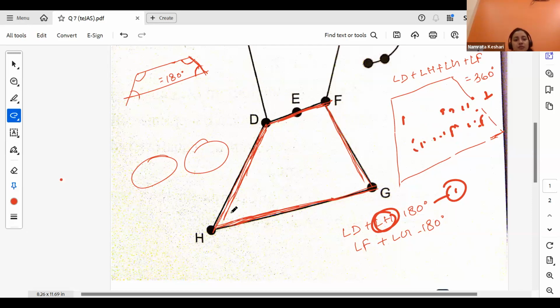If we separate it into triangles, this side and that side are equal. Fine. This side is the common side.